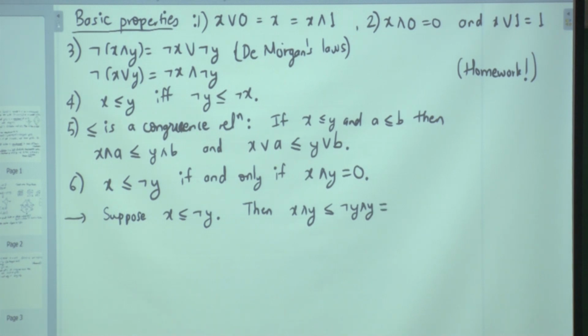What is negation y meet y? 0. So therefore x meet y is less equal the minimum element, so it has to be 0. Simple proof.